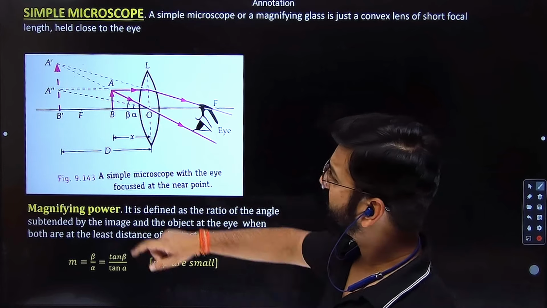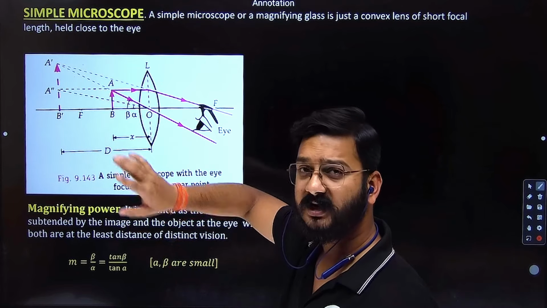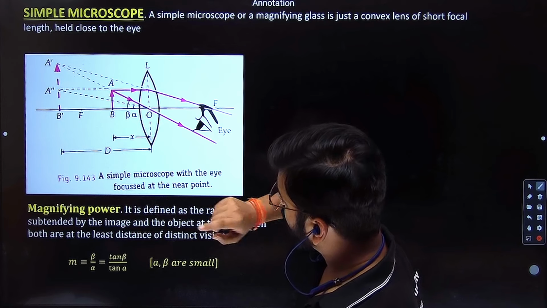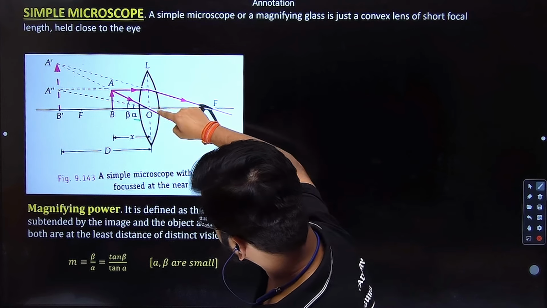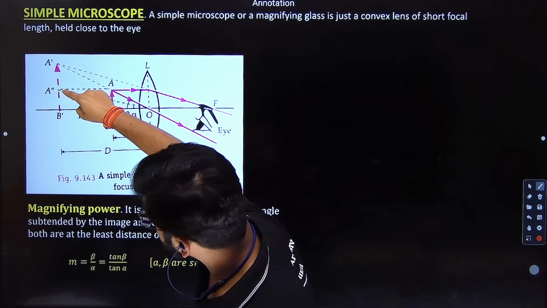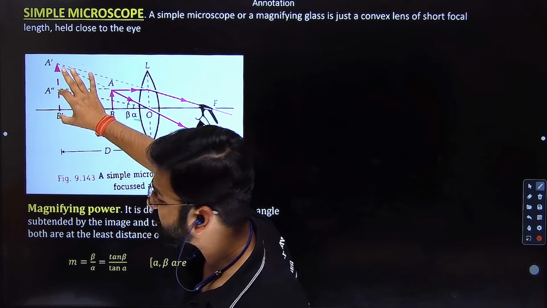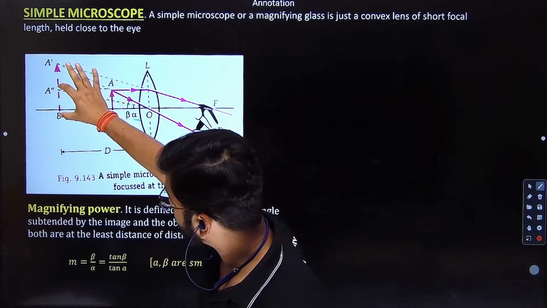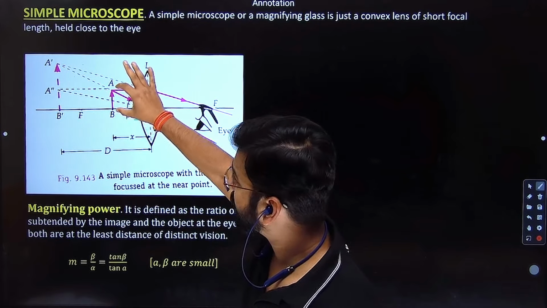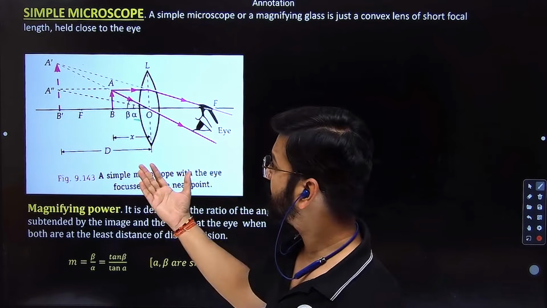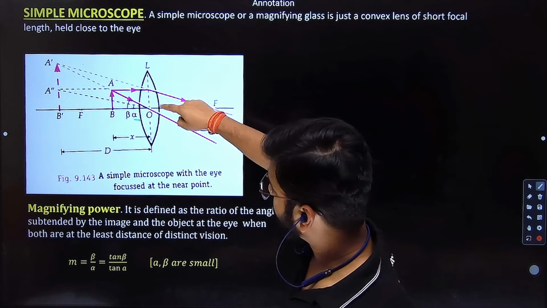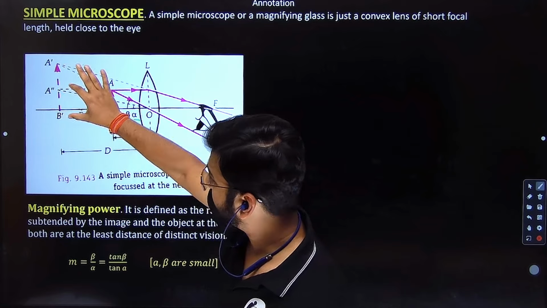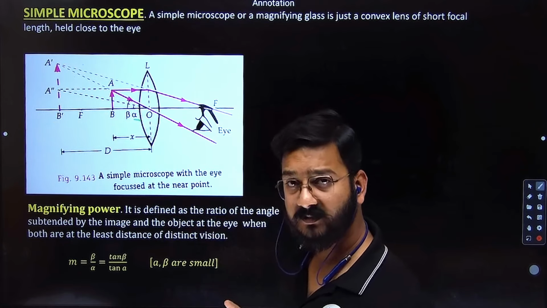Now, when you see that there are two angles here, alpha and beta, let's understand about that. So what is alpha? If you see the angle alpha here, I join the center to this point. Which point? A double dash B dash. The height of A double dash B dash is the same as the height of the object. So you can think that I have taken a replica of the object at this point. Correct? If I join the point O to this A double dash B dash, the angle formed is alpha.